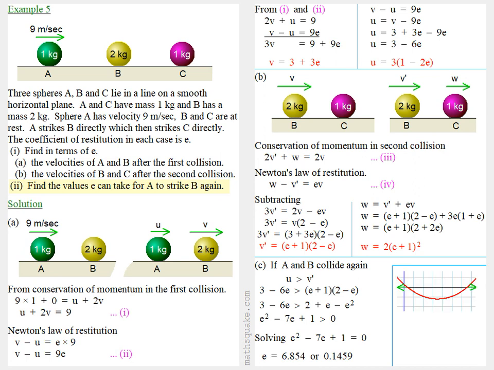If we just draw a graph of e squared minus 7e plus 1, we see that the graph is above the x-axis, outside the region 0.1459 to 6.854, and so it's either got to be greater than 6.854 or less than 0.1459. But e is less than 1, so we have for a second collision, e must be less than 0.146.